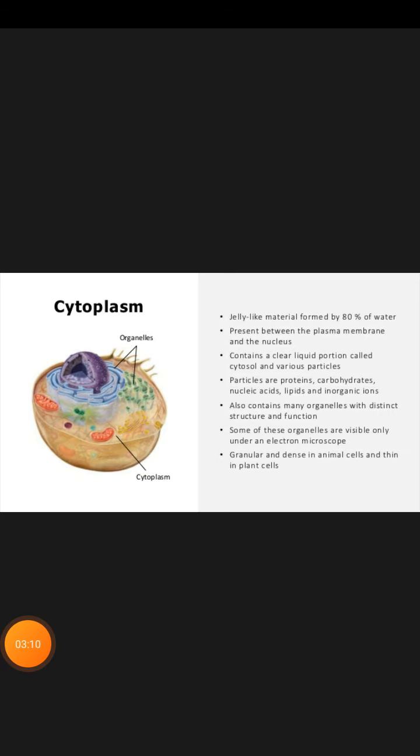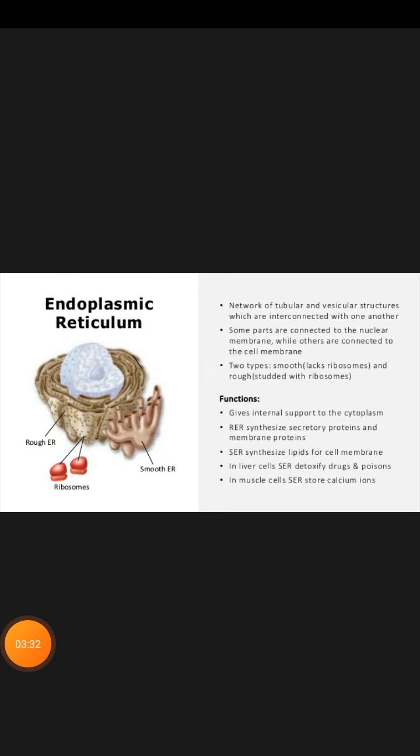Next one is cytoplasm. It is a jelly-like material, consists of 80% water. It is present between the plasma membrane and nucleus and it contains many organelles with distinct structure and functions. Next cell organelle is endoplasmic reticulum.